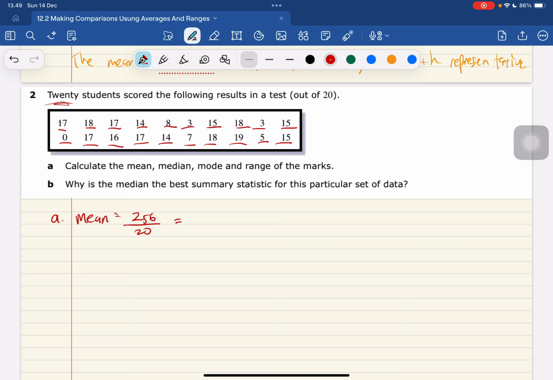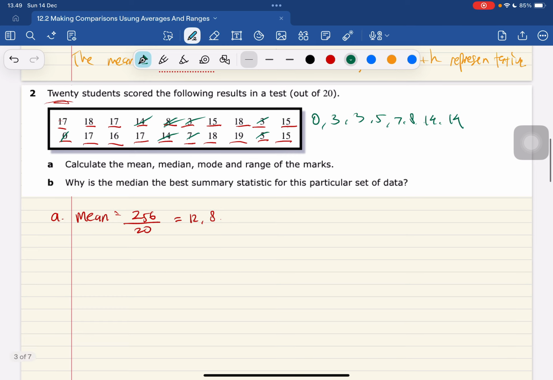So the mean is 12.8. For the median, let us sort from the smallest, which is 0, then 3, 3 again, 5, 7, 8, then 14 three times.